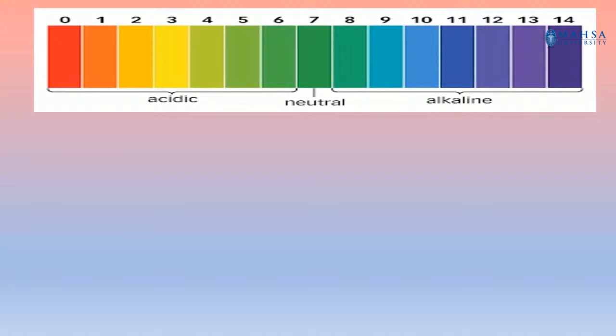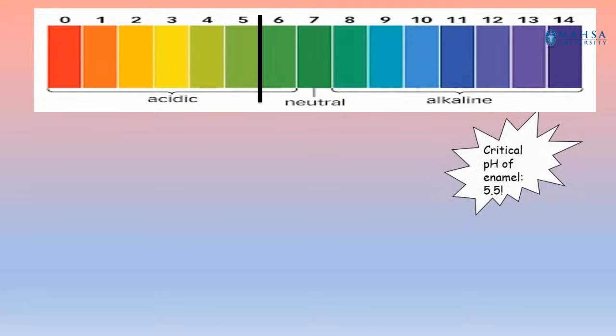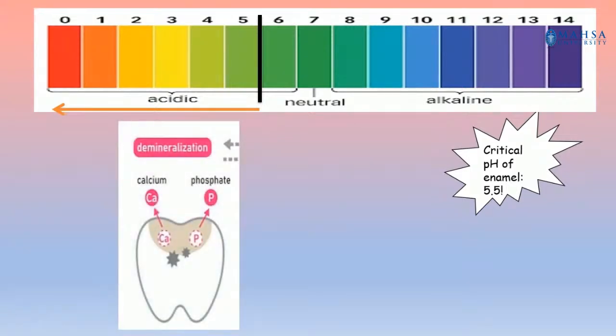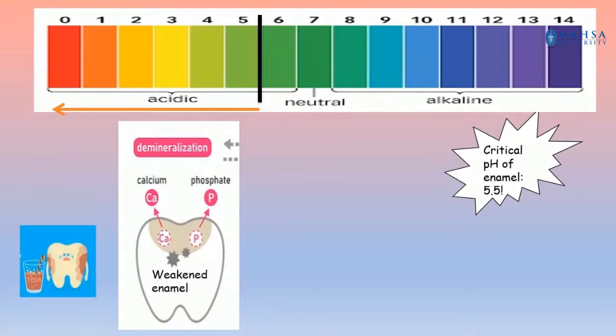Moving on, how does acid cause tooth erosion? Here's a fact. The critical pH of enamel is 5.5. What does this pH mean? It is the highest pH value at which there is a net loss of minerals from enamel. This indicates that when the pH value of our mouth is lower than 5.5, our mouth environment will become acidic, which leads to loss of minerals from the teeth known as demineralization, hence causing weakened enamel.